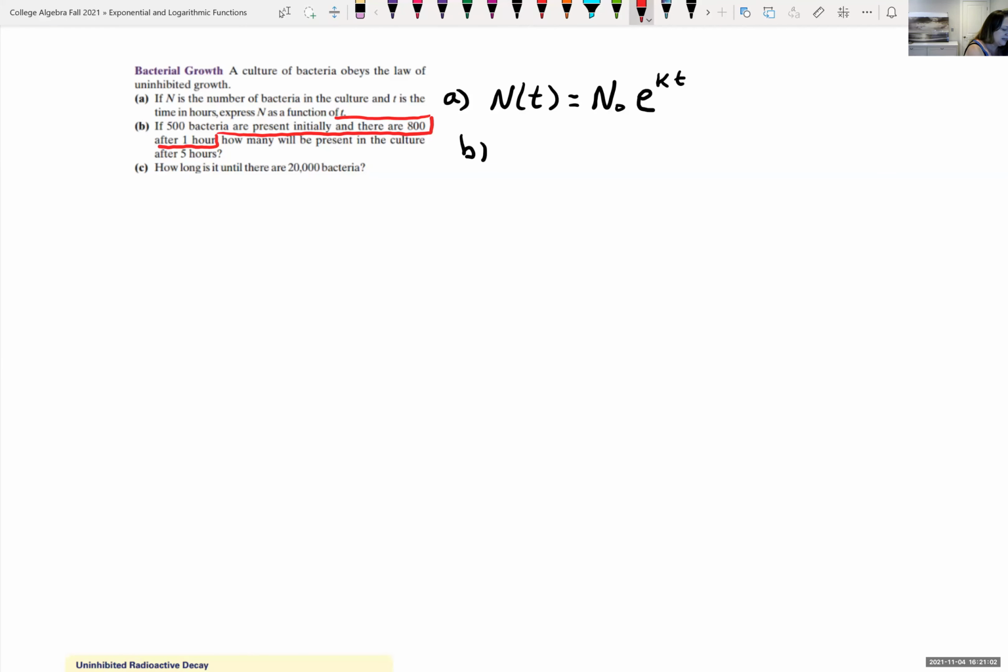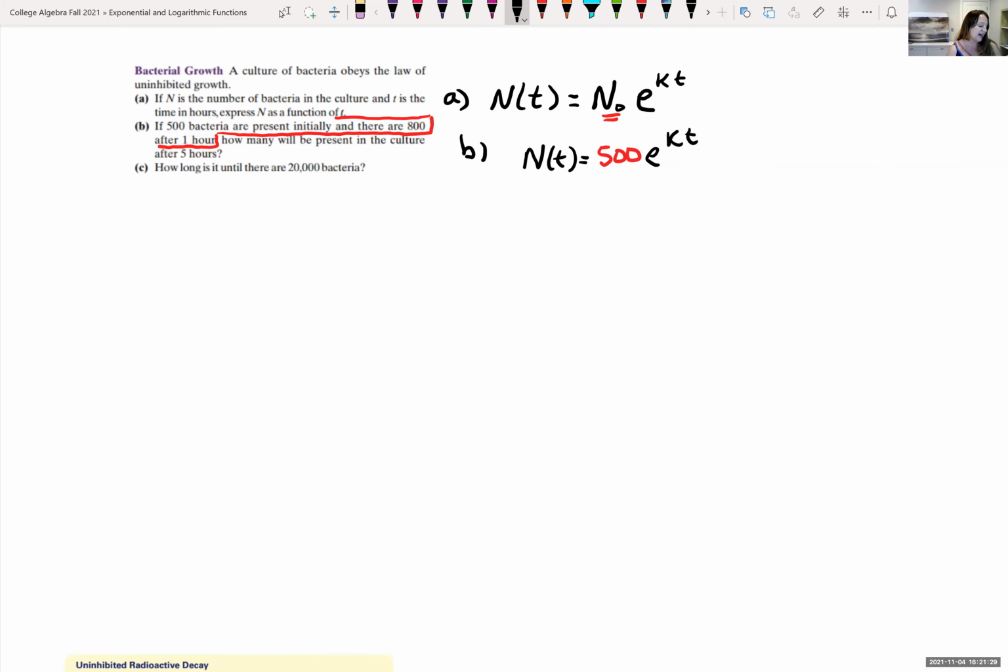We're given the initial amount that was present, which was 500. So right now we have N of T is equal to 500 E raised to the KT. But we're given another bit of information about the number of bacteria and the time. So if we plug that into this equation, we'd be only left with K.